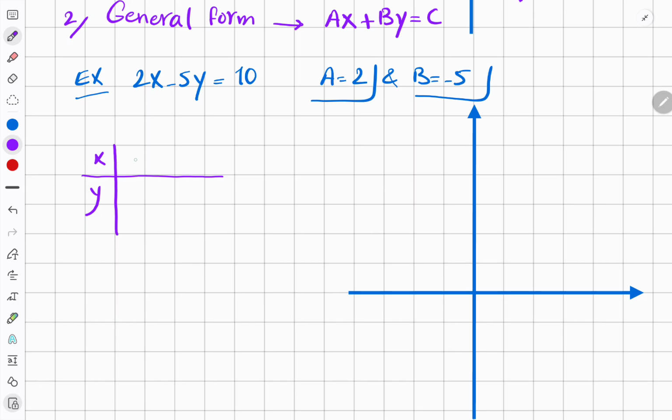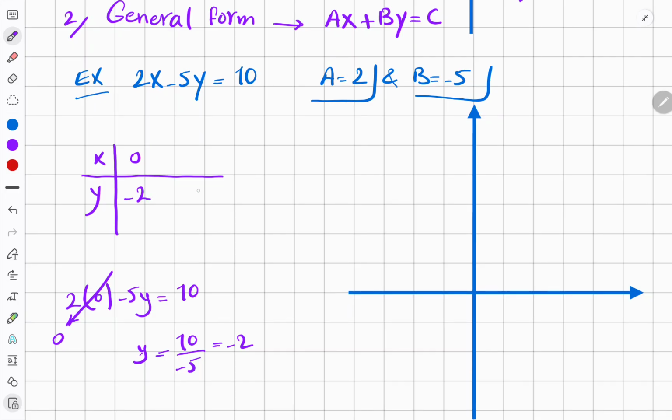I'm going to consider x as 0. So I just need to substitute 0 in this equation. So 2 times 0 minus 5y is 10. So y is 10 over negative 5, which is negative 2, the value of y.